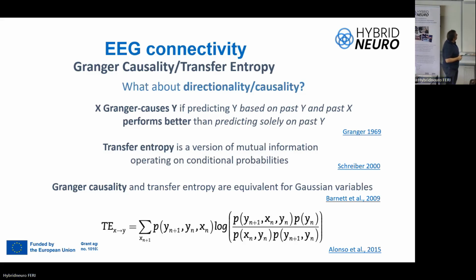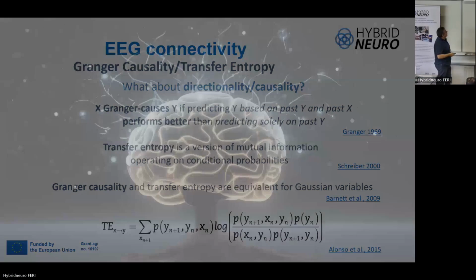It is shown here in this article that both Granger causality and transfer entropy are equivalent if we have Gaussian variables. Okay, but we can consider a Gaussian distribution in the signals, and we can calculate the transfer entropy.